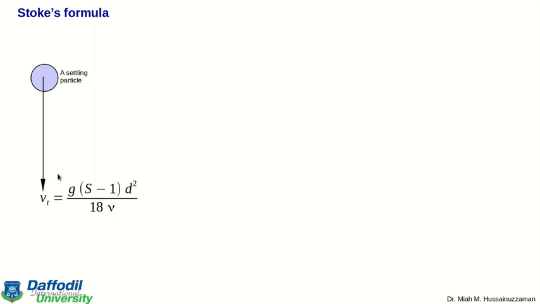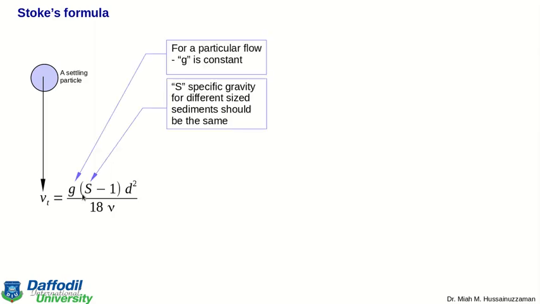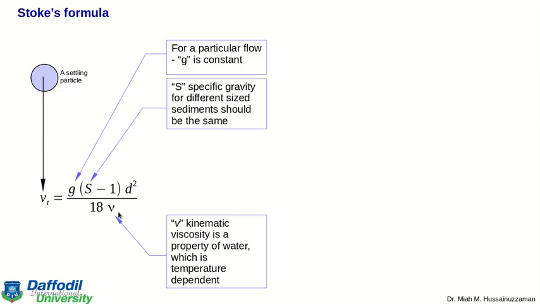So in the Stokes formula, you already know this is gravity, this is the specific gravity, this is the kinematic viscosity. And for a particular settling plant on a particular day of a season, these three things are constant. G is constant for a particular location, and specific gravity too, because all the sediments are created from sand or stone chips, so they should have the same specific gravity.